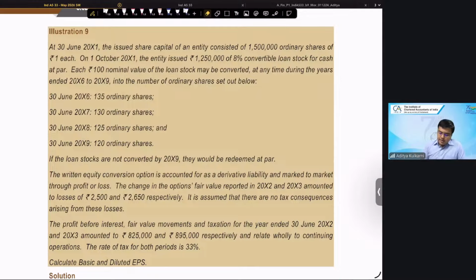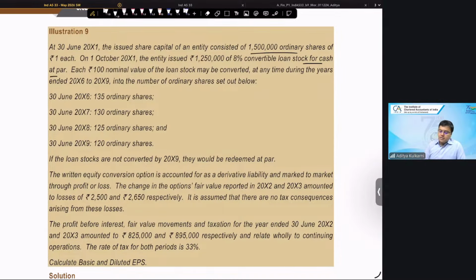At 30th June 20x1, the issued share capital of an entity consisted of 15 lakh ordinary shares of rupee 1 each. On 1st October, the entity issued 12,50,000 rupees of 8% convertible loan stock for cash at par.